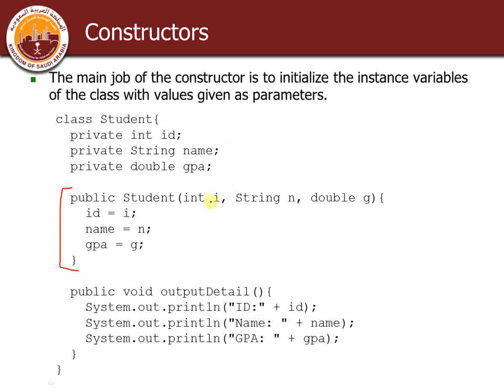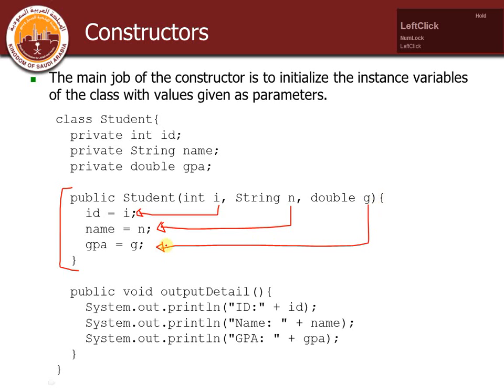Notice that we have the same data types, and this order is the same order. It doesn't have to be the same order as how they are declared, but it happened to be like this. But you understand that whatever is in I is going to go to the ID, whatever is in N to the name, and whatever is in G to the GPA.